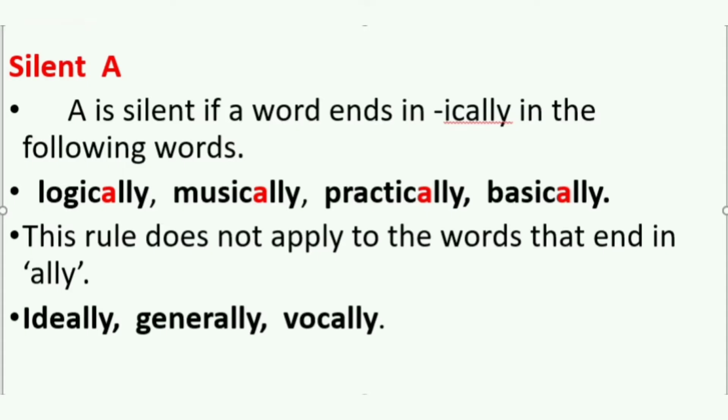Let's first look at A. Most of the time we pronounce the letter A. But if a word ends in I-C-A-L-L-Y, A is not pronounced. Try to say after me. For example, logically, musically, practically, basically.